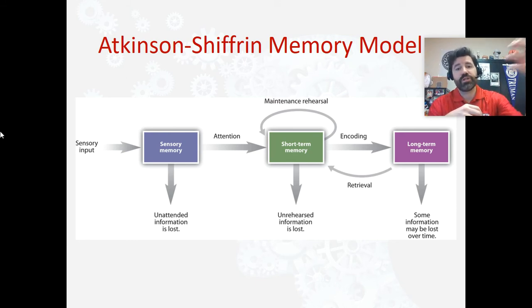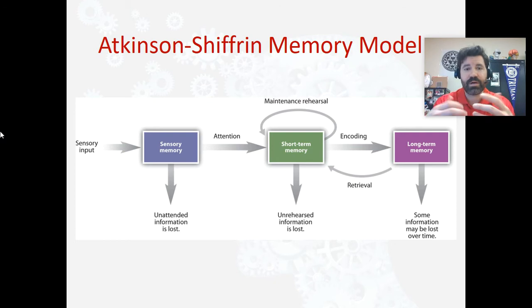Getting that information out, what you and I just call remembering, the psychological term for that is retrieval. And so you see that arrow going from long-term memory back to short-term memory. We call that retrieval. And just like encoding, we will have an entire lecture where all we do is talk about retrieval, meaning all we do is talk about how to remember things better.